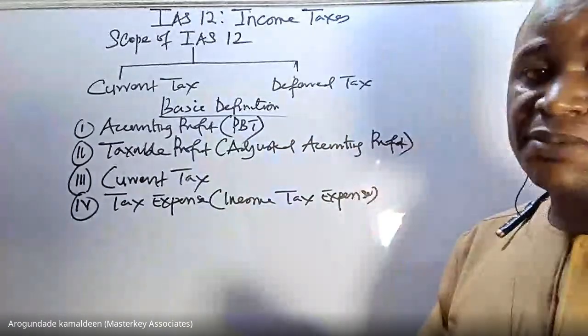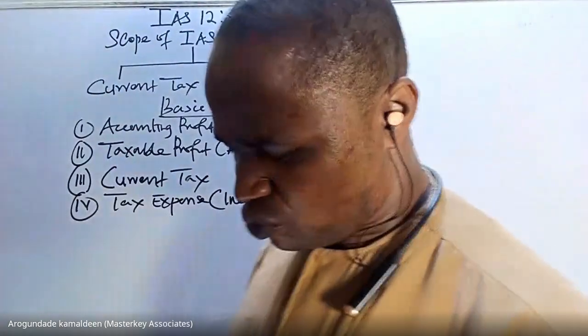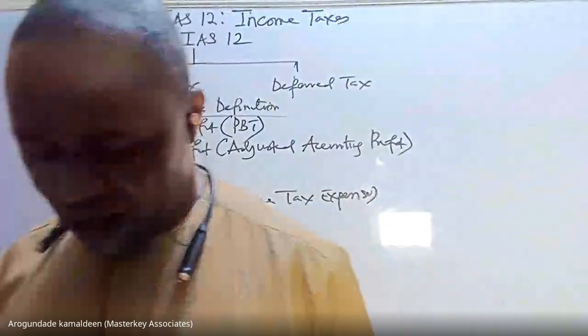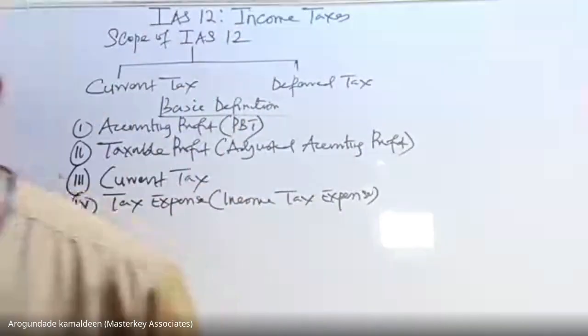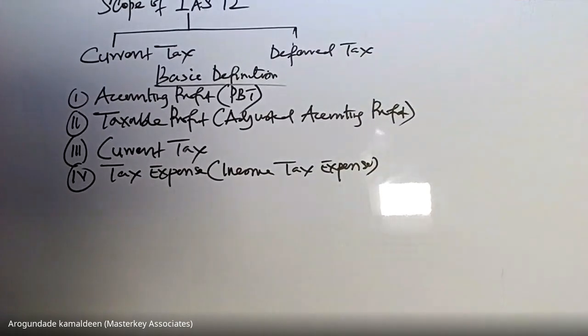Yes, 3 items. Exactly. So we are coming there later. So now that is that. Yes, the first thing we need to know now is the computation of the current tax and taxable profit. Let's see.